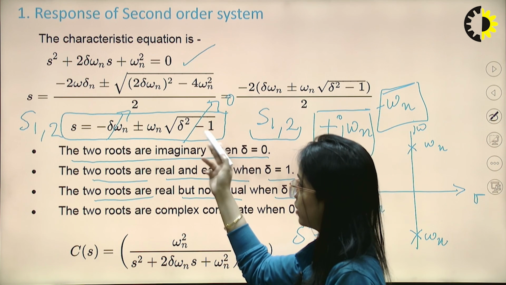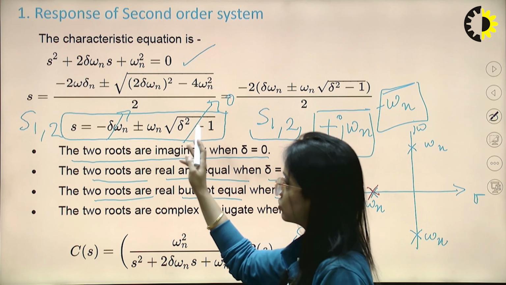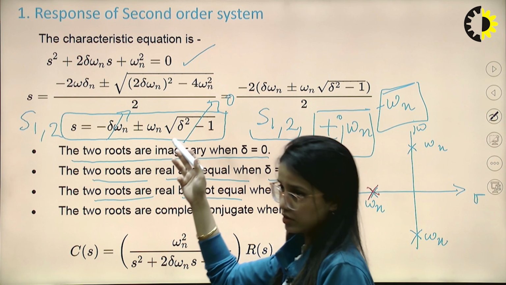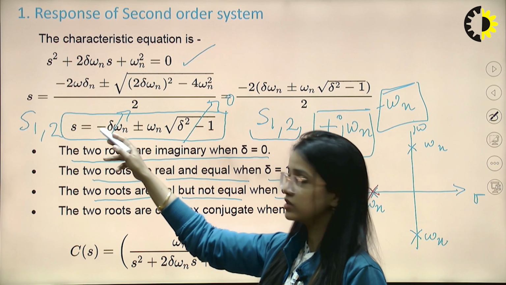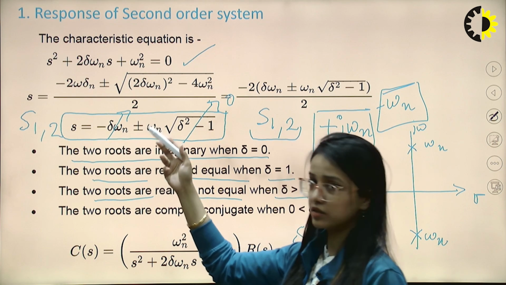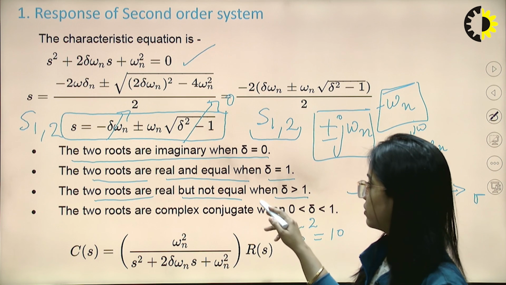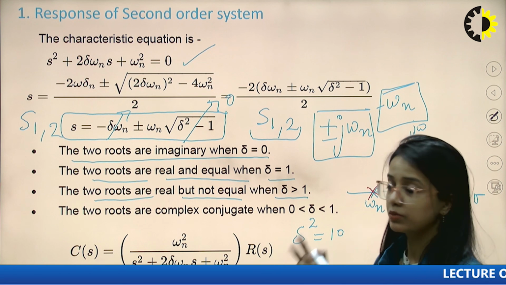Zeta square is 10, minus 1 is 9. So root over 9 is 3. So 3 omega n, of course this is a real value. When you add it with this omega n, it becomes one value. When you subtract, it becomes some other value. So we will have real roots, but those two roots will be unequal.